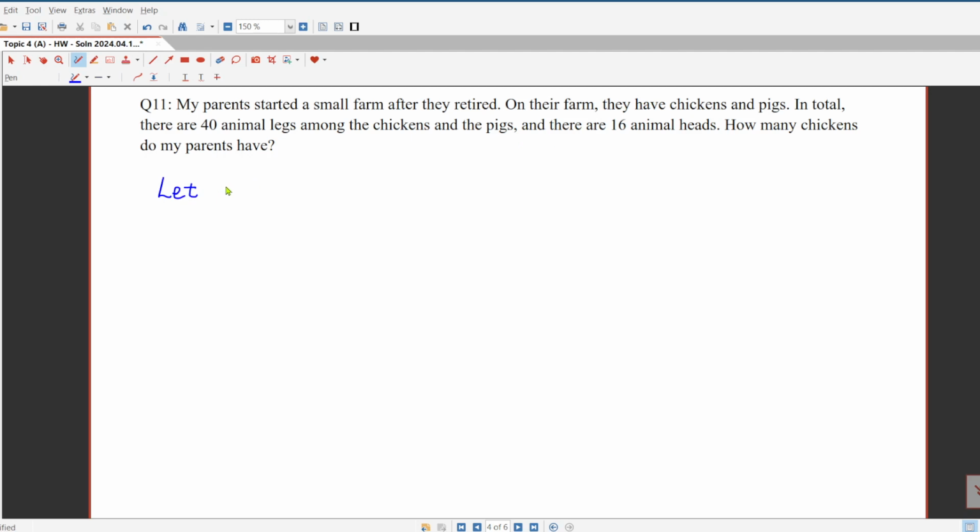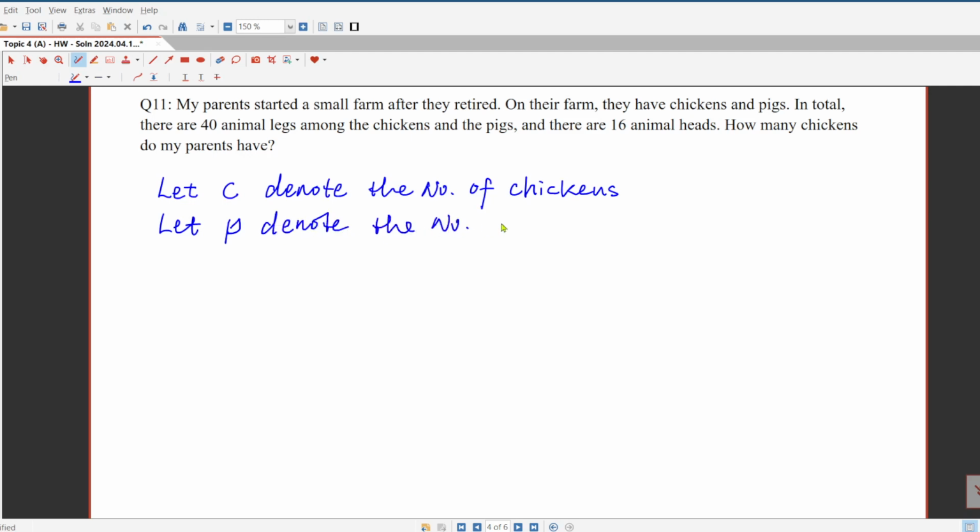So we could use letter C to denote the number of chickens, right? Because C is from the first letter of chickens here. And of course, let P denote the number of pigs.